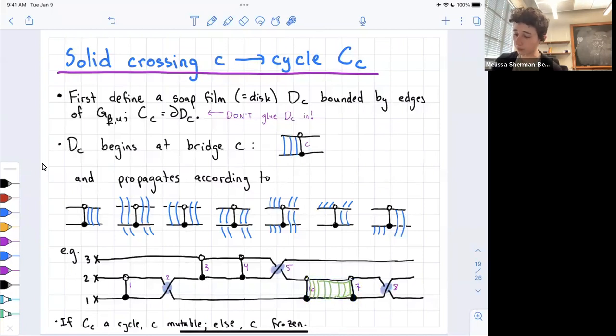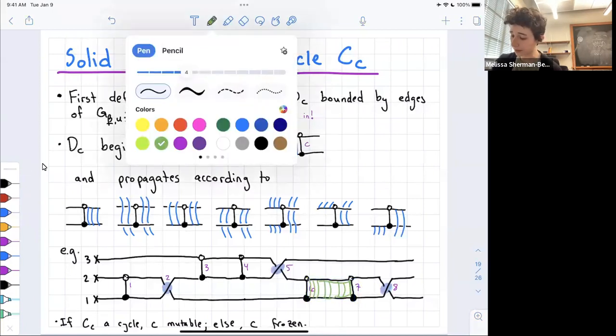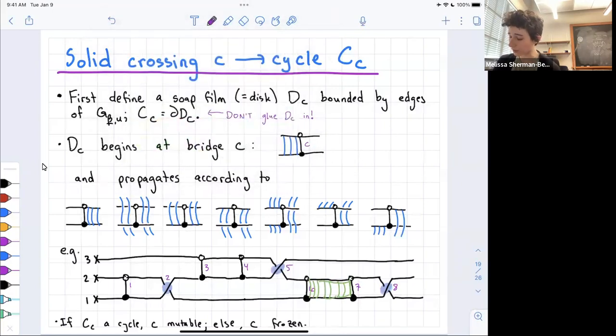Okay, a slightly more interesting example is the one corresponding to 6. My disk starts here, it clings, and it passes underneath this strand, because that strand is passing over. Then I get to 4, and at 4, I see this situation.